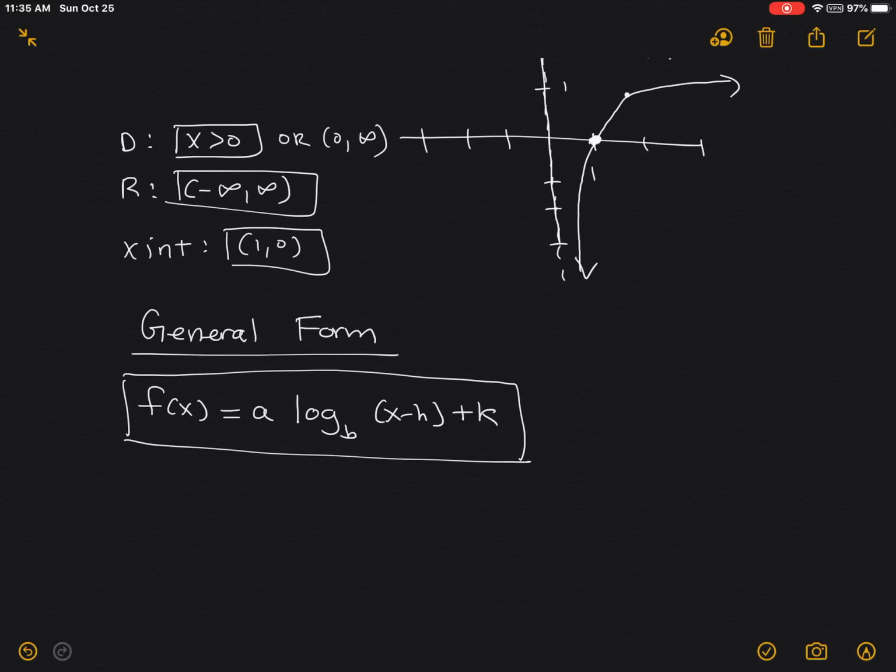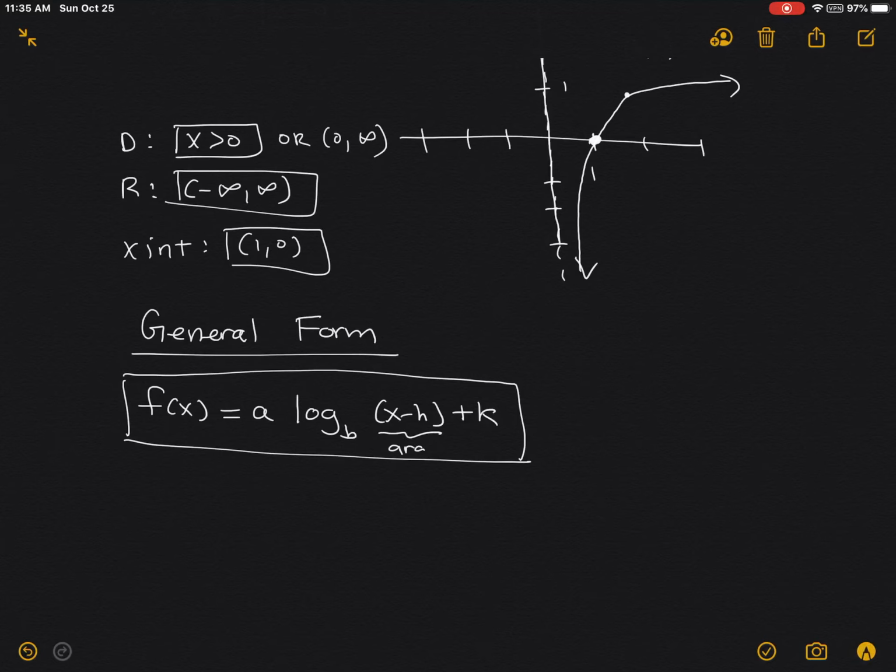A changes the size of the graph vertically. If the absolute value of a is greater than 1, vertical stretch. If the absolute value of a is between 0 and 1, vertical compression, or you can call it vertical shrink. Again, b is your base. H shifts the graph left and right, k shifts the graph up and down. Technically, I could put a horizontal shrink or stretch factor here, but let's not overcomplicate things, okay?